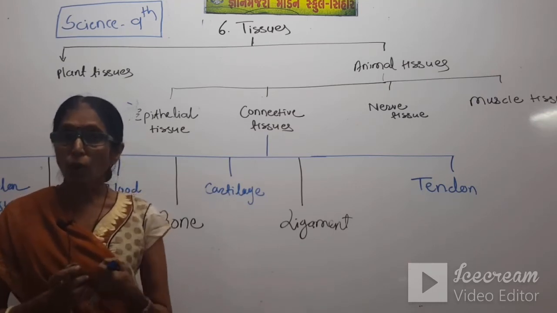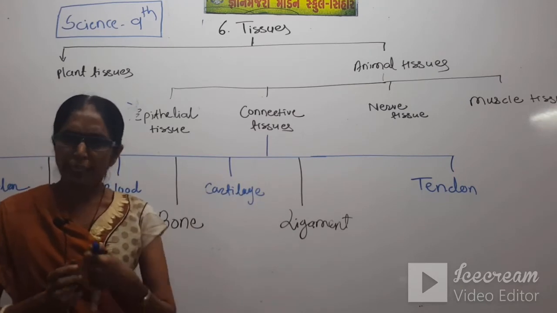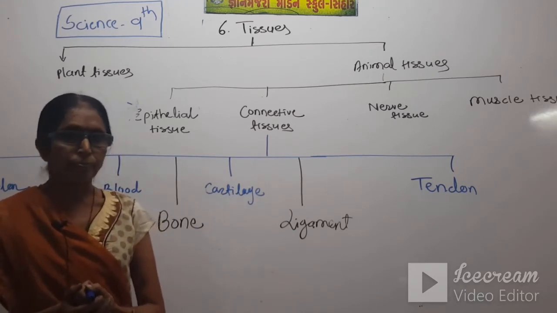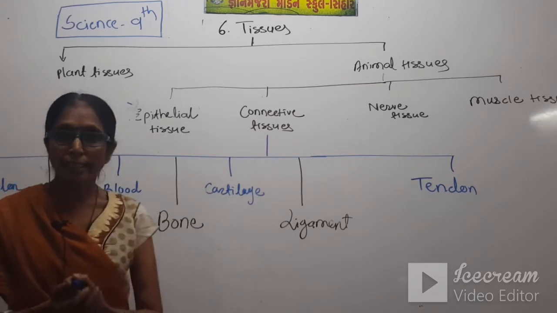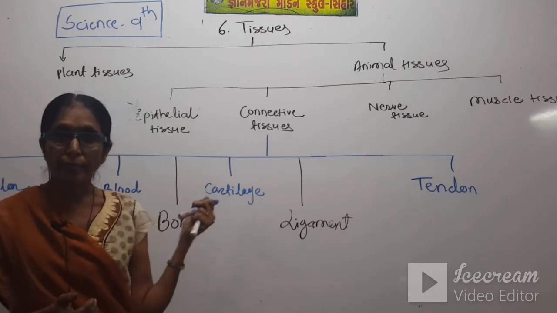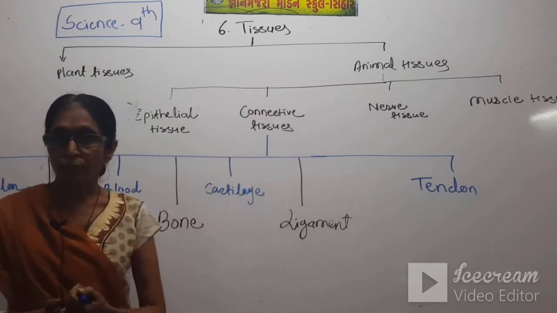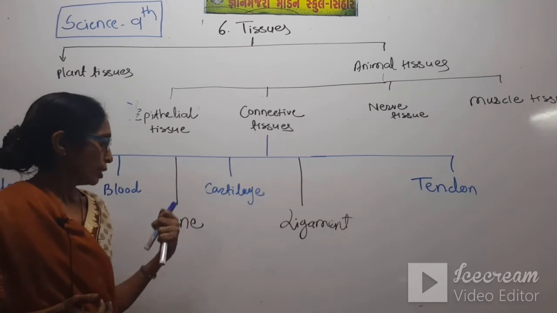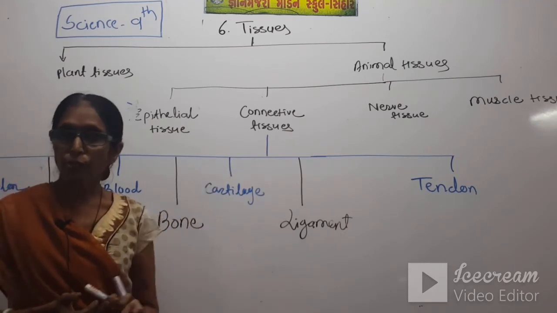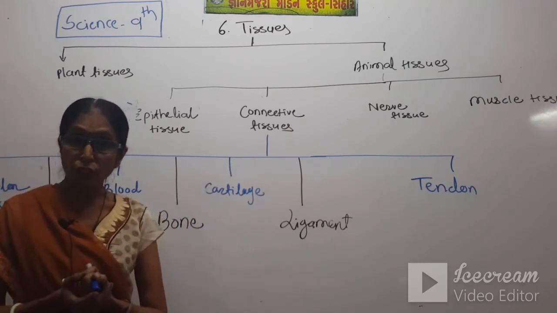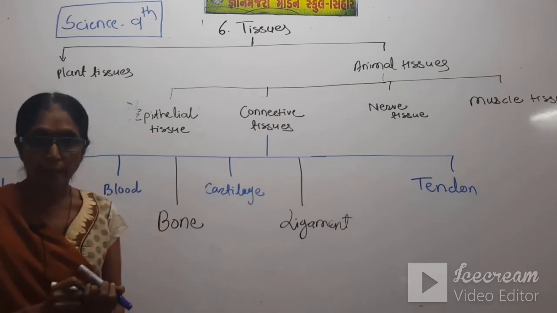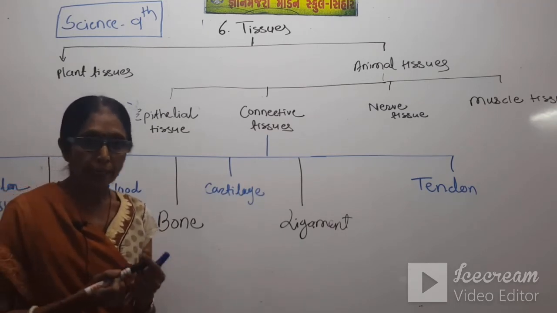So these all are connective tissues. It may be asked in the exam, which type of tissue are blood cells? So you have to write blood cells are connective tissues. Which type of tissue are bone cells? They are connective tissues. This type of question may be asked in the exam in MCQ or match the pairs.